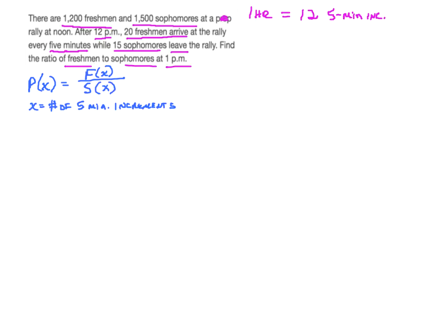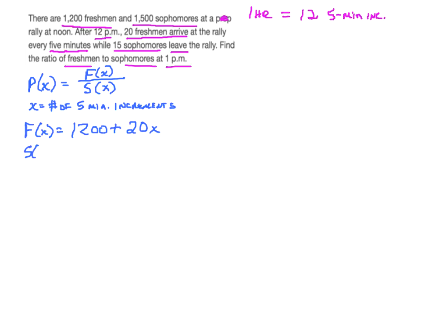And to find the ratio at 1 o'clock at the pep rally, I'm going to need to divide my freshmen based on 5-minute increments by my sophomores based on 5-minute increments. That's freshmen to sophomores.